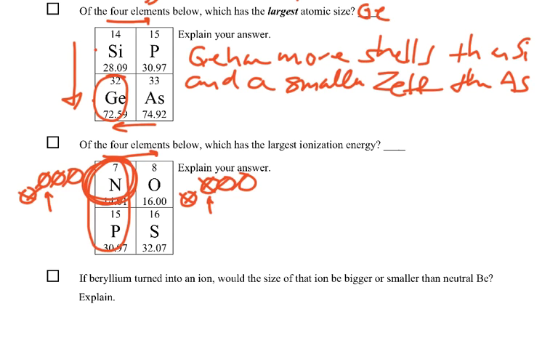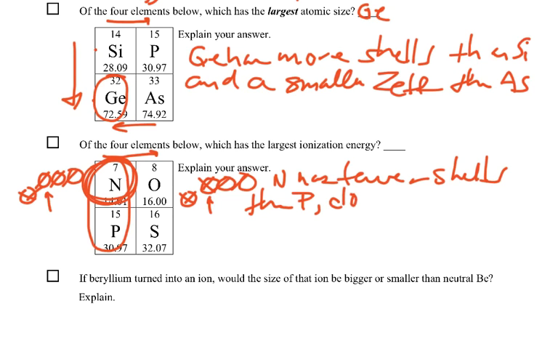So the answer is going to be nitrogen. And again, nitrogen here because nitrogen has fewer shells than phosphorus, which means that the electron being removed is closer to the nucleus. And because we're pulling from a p orbital that is half filled, there's no electron-electron repulsion to help lower the ionization energy.